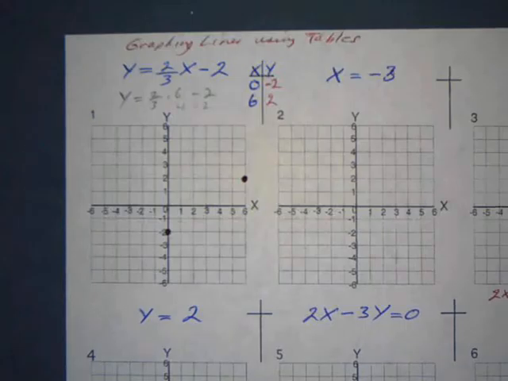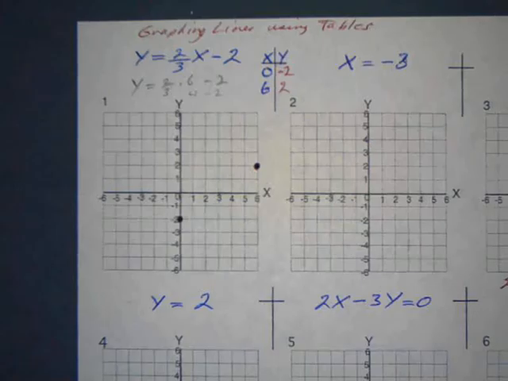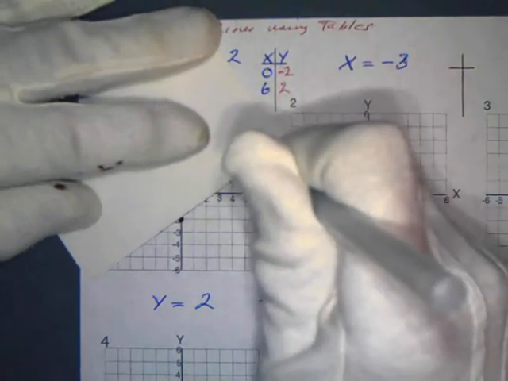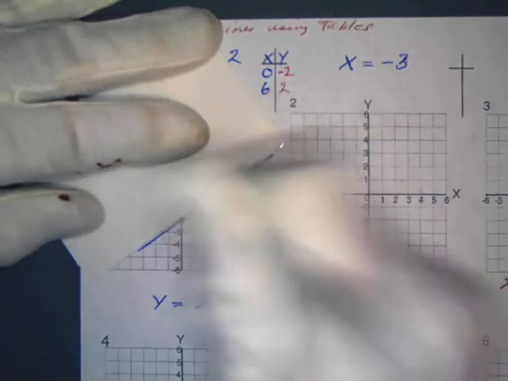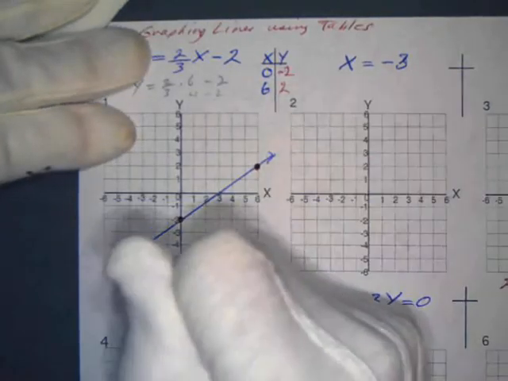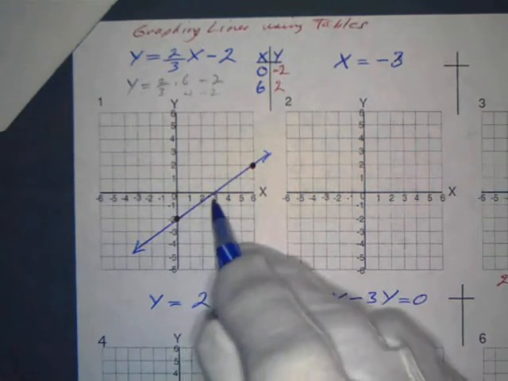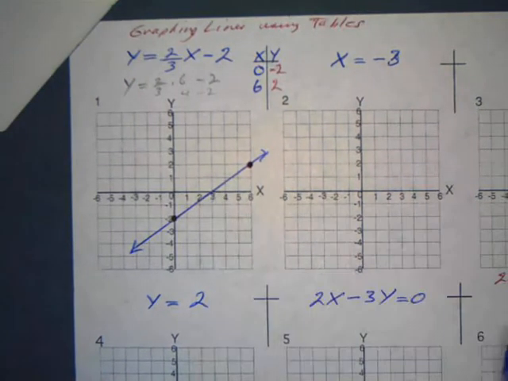So those are our 2 points, (0, -2) and (6, 2). We get out our trusty straight edge, connect our points with a line, and we're in business. Straight lines, arrows at the end. Oh, well, the intercept actually was 3. That's pretty good. Okay.